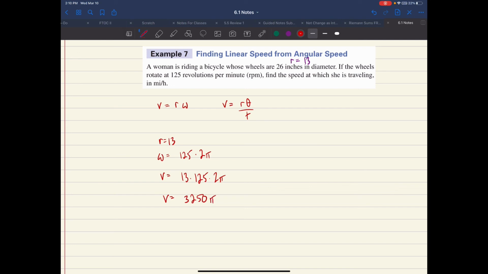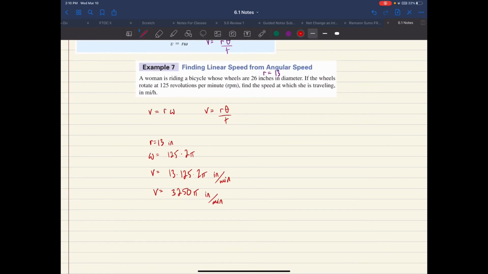The wheel was 13 inches, the radius was 13 inches, so this is inches per minute. Put those units up there. And so it's 3,250 pi inches per minute.